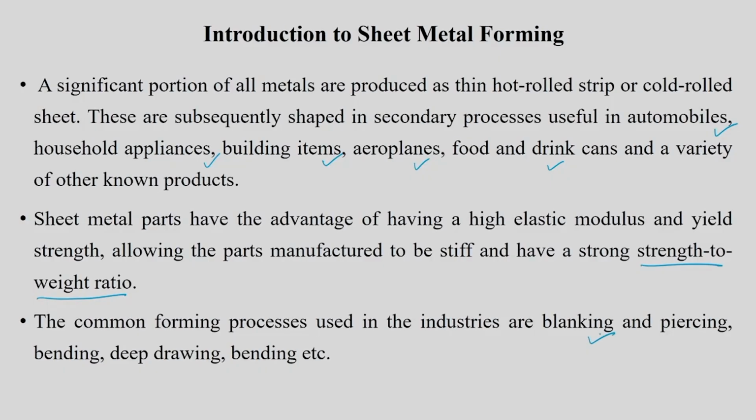For example, blanking and piercing, bending, deep drawing, and other sheet forming processes like roll forming. We are speaking about sheet, but it could be tubes also; tube forming is also possible to make certain components. To start with, we are going to briefly see some typical examples.